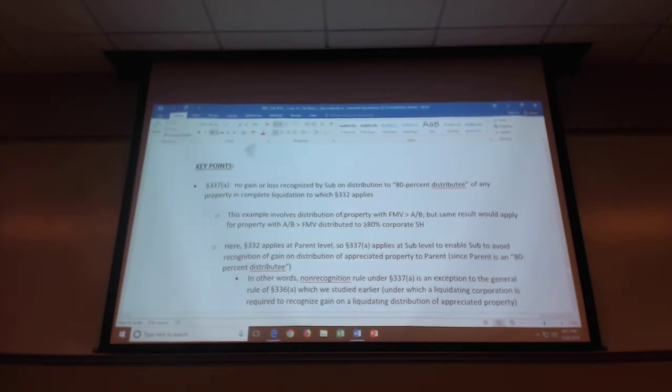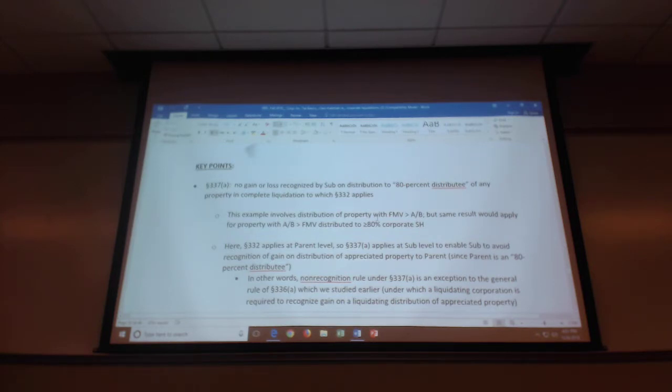Now, if I change the facts on you, and if I told you that the property was loss property, you probably don't want to hear about loss assets anymore after that horrible topic. But if loss property is distributed to an 80% parent shareholder, same result. In other words, 337 protects the subsidiary from recognizing any loss.